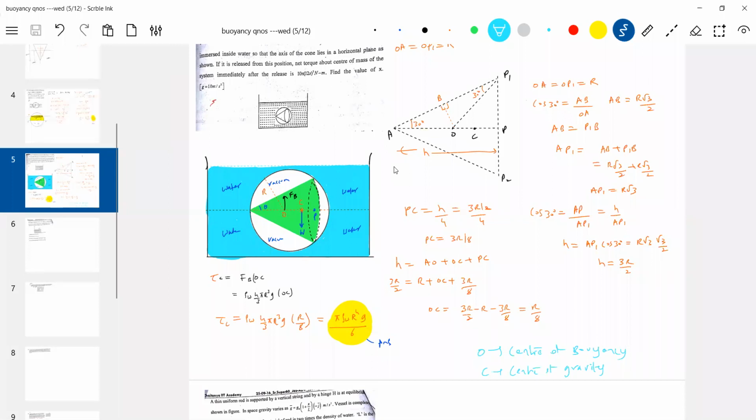Need not bother. The density of water and density of the core are not needed.